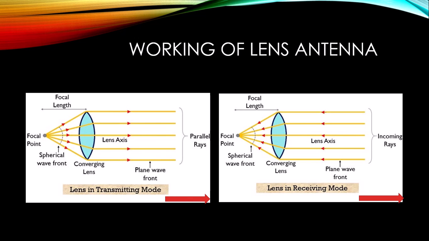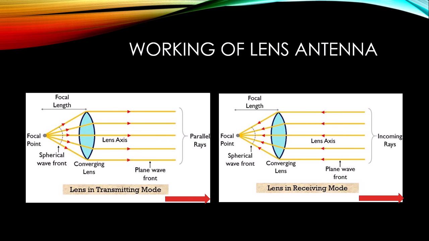In a similar way, if this antenna is made of dielectric material, then the radio frequency electromagnetic waves are collimated in a similar way and are transmitted further. So it depends. It is noted that the converse of the above discussed action of the lens antenna is also true.